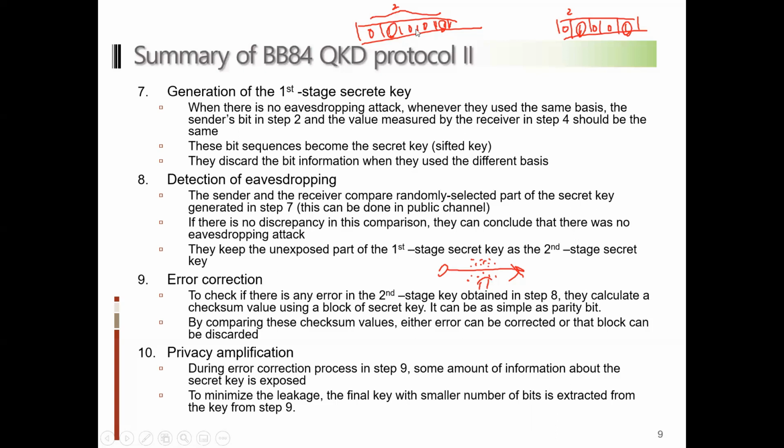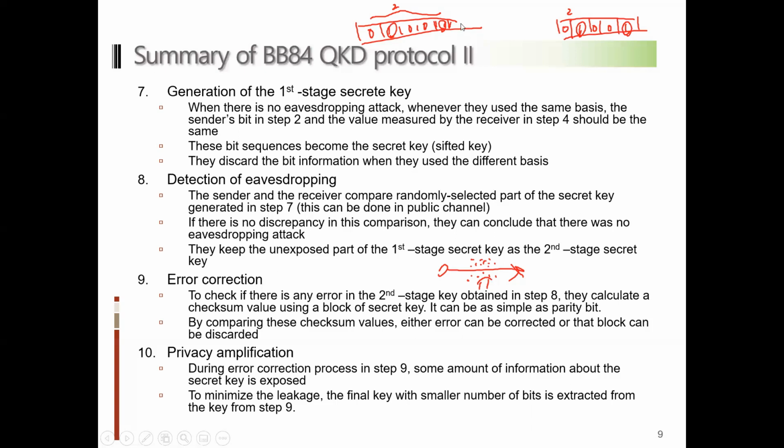Of course, if there is a higher probability of error, then even though this one is flipped to 0, the other one might be flipped to 1. In that case, you will have some problem comparing those two checksums.